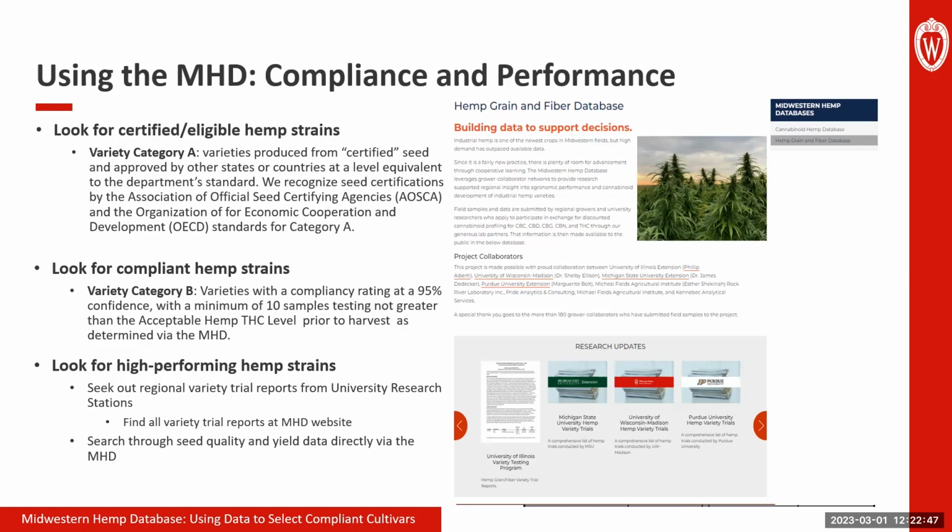We put all of these three things together because they're all very important and they're all asking very different questions. It's important to understand that as this hemp space is starting to really develop. So again, look for eligible or certified varieties, look for compliant hemp strains via the database, and then look for high-performing strains via your regional agronomic trials, which give you a really good indication of their performance.